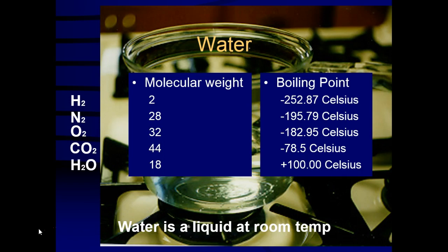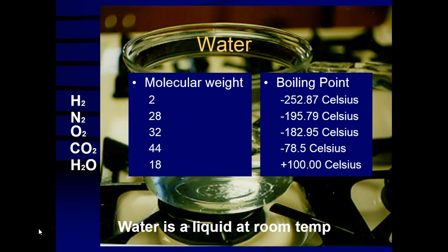If you've ever played with dry ice, that's what frozen carbon dioxide is. And carbon dioxide, for it to actually be a solid, has to be less than minus 78. Now, water, take a look at the molecular weight. It's 18. Right? It has a boiling point of 100 degrees Celsius. That's 212 Fahrenheit.